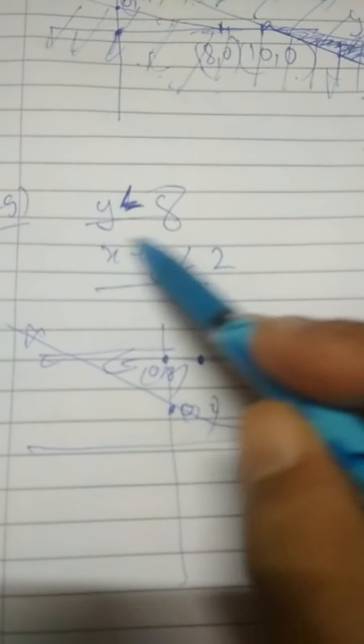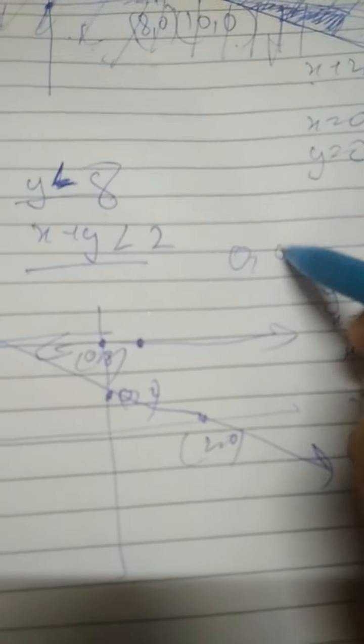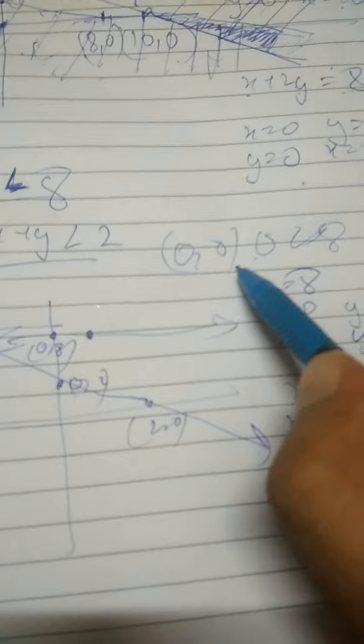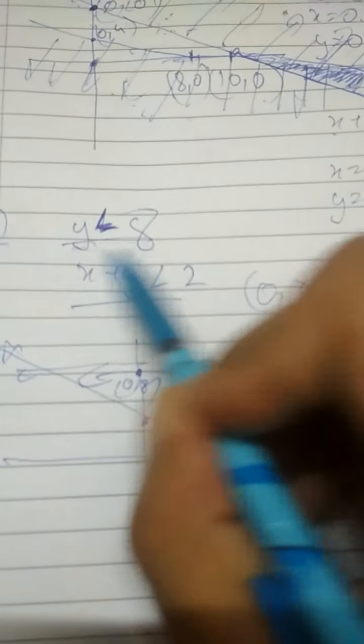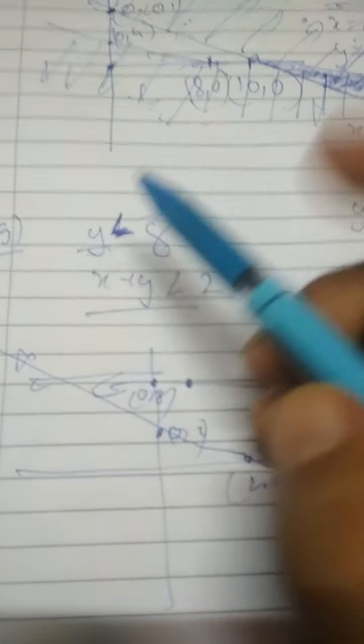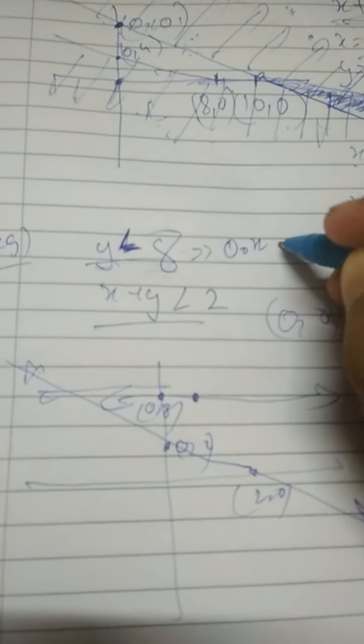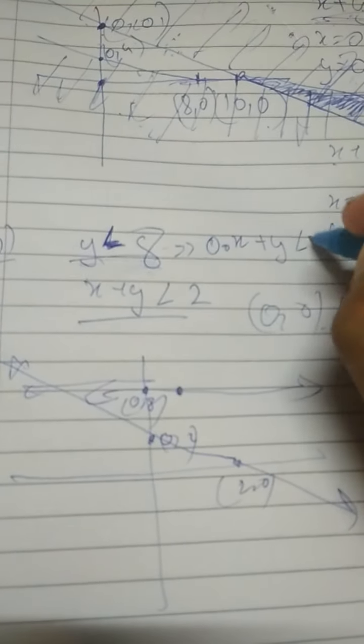So over here, let's see. We have this inequality y is less than 8. We take our point 0, 0. Is 0 less than 8? We get 0 less than 8 when we put 0, 0 in this inequality. x is not present, so this is written as 0 times x plus y less than 8.